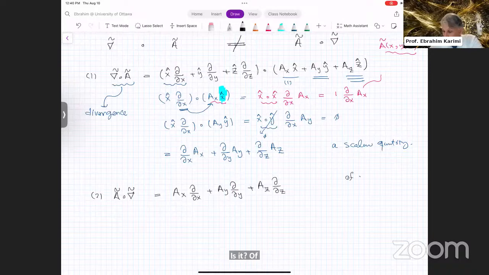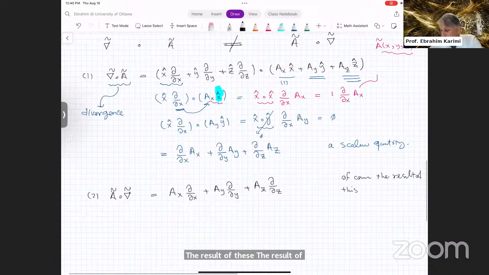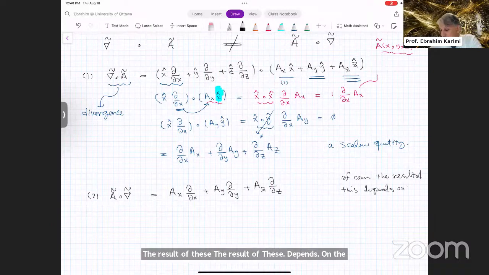Of course, the result depends on the function that you act on.